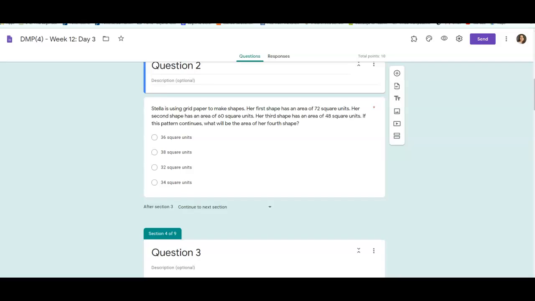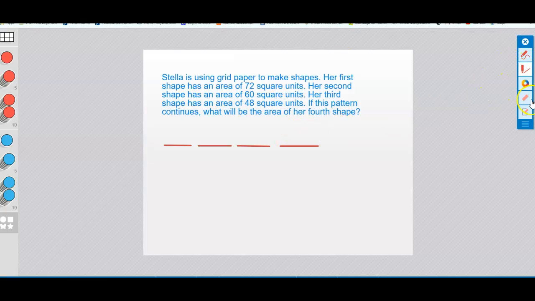So we don't really need to know what shape she's making. The important thing is that she's drawing these pictures and it is showing our area. Oops, this is the wrong one. Sorry about that. So her first shape has 72. Her second shape has an area of 60 square units, then 48 square units.